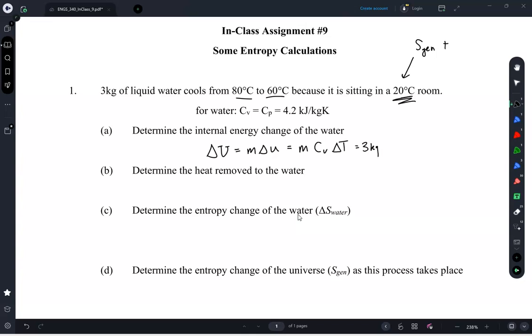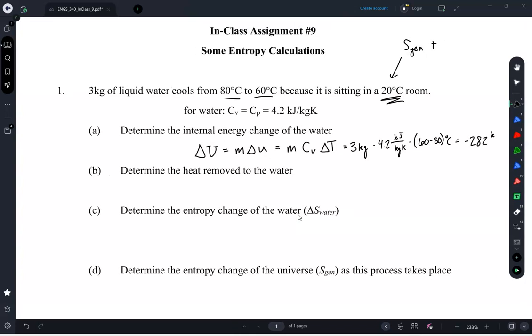That's 3 kilograms total times our C_v, which is 4.2 kilojoules per kilogram Kelvin, times our 20 degree change, but that's right, final minus initial, so 60 minus 80 C, and that gives negative 252 kilojoules, not per kilogram, just kilojoules.